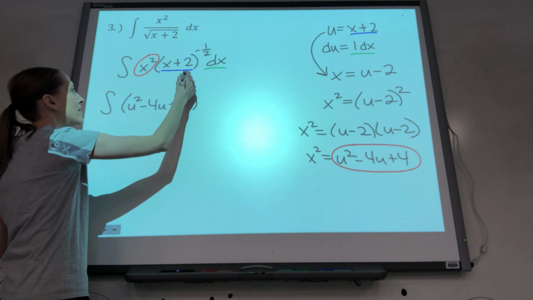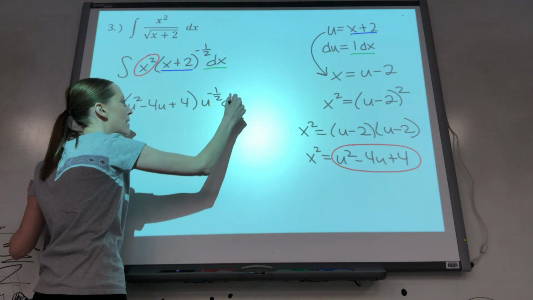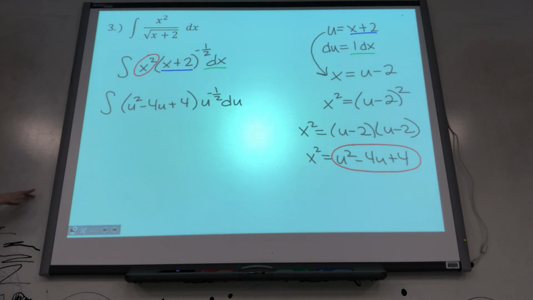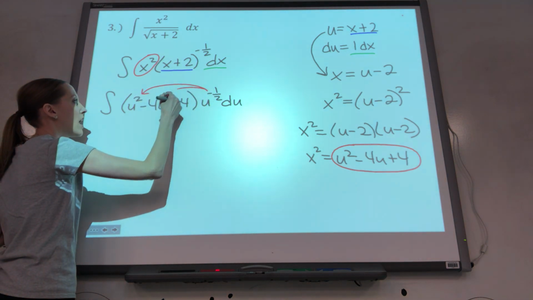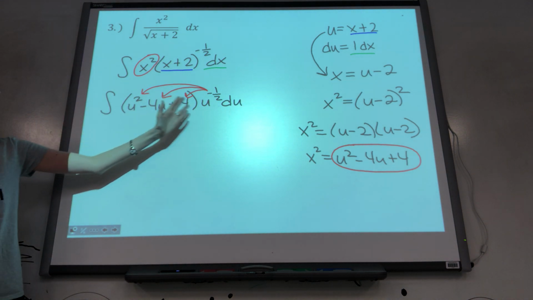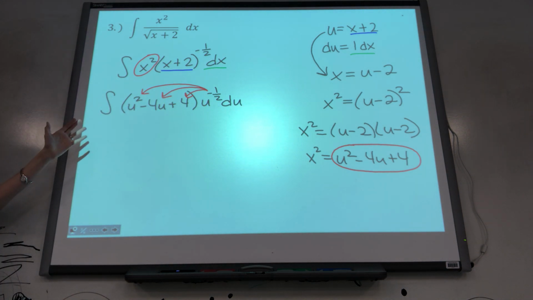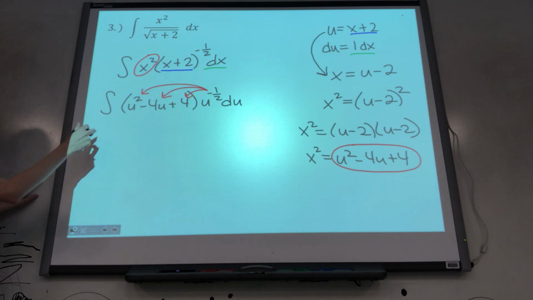Now, outside of that, I'm going to have u to the negative 1/2 power, and dx, that's the only thing that's making up the du part for us. Technically, it was 1 dx. Now, again, this is a very common step with the change of variable. Once you rewrite it with all of the u's, most of the time you are going to have some kind of distributing before you get it to the point where you can integrate.